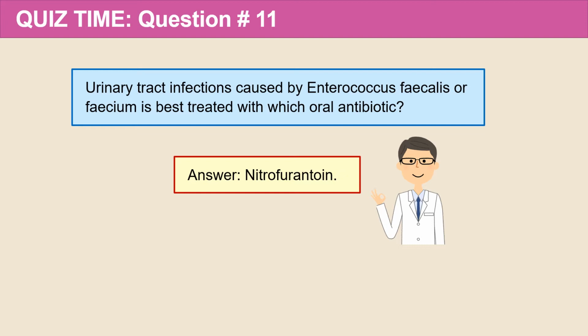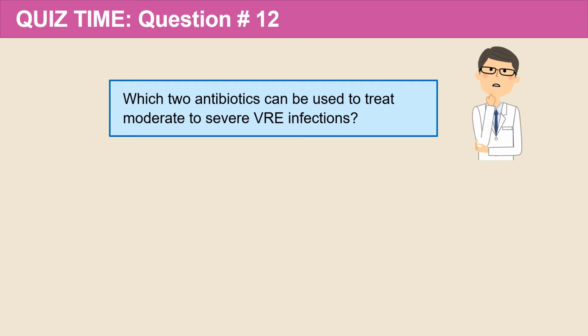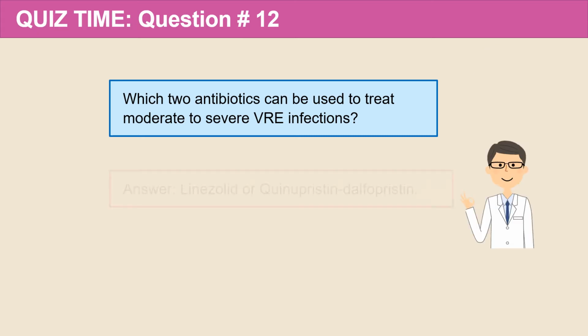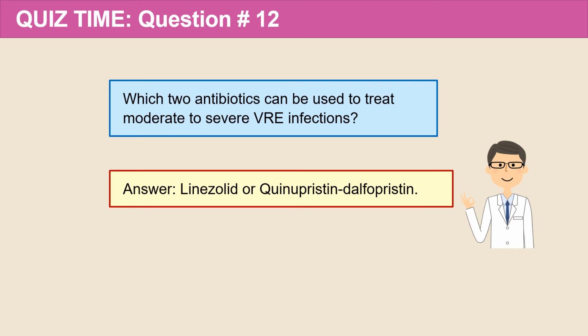And now the final question, question number 12. Which 2 antibiotics can be used to treat moderate to severe VRE infections? VRE is vancomycin-resistant Enterococcus. The answer is either linezolid or quinupristin dalfopristin.